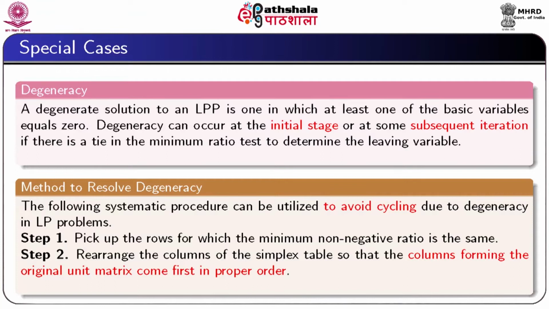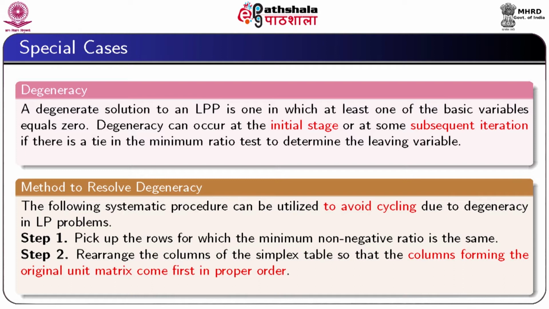So, let us start with the case of degeneracy in linear programming problem. Let us first define what is degeneracy in LPP. A degenerate solution to an LPP is one in which at least one of the basic variables equals 0.